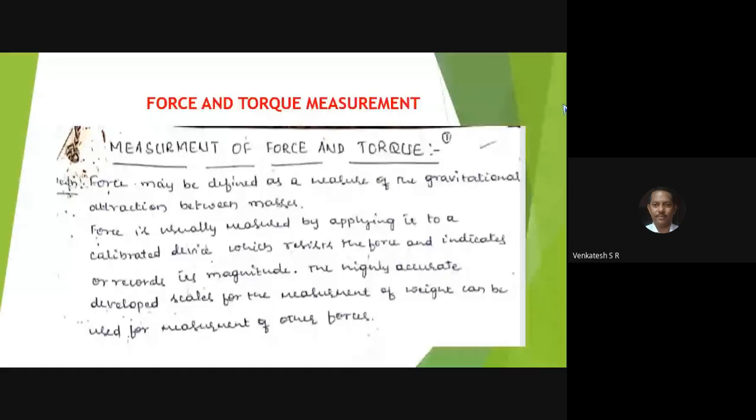Usually, forces are measured using calibrated measuring devices, for example, the weighing machine, electronic weighing machine, and analytical balance, which you already used in the chemistry and physics laboratories, and might have seen in grocery and jewelry shops. Those are all force measuring instruments. The electronic weighing machine and analytical balance are both very good examples for force measurement.